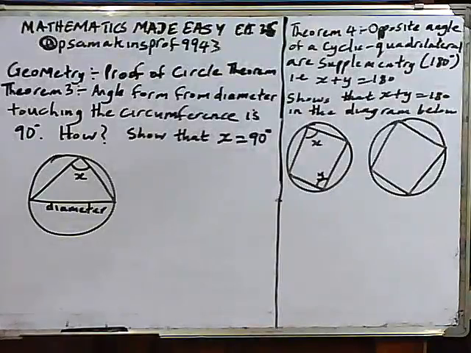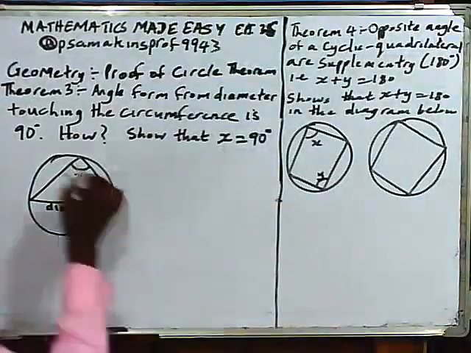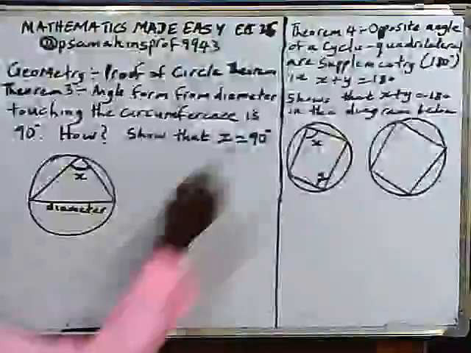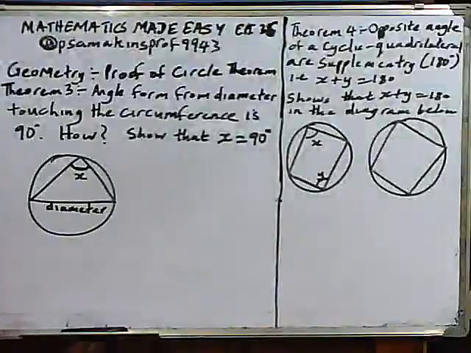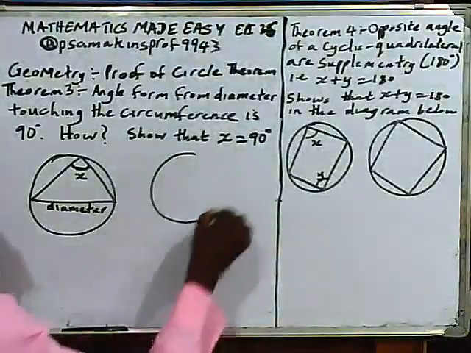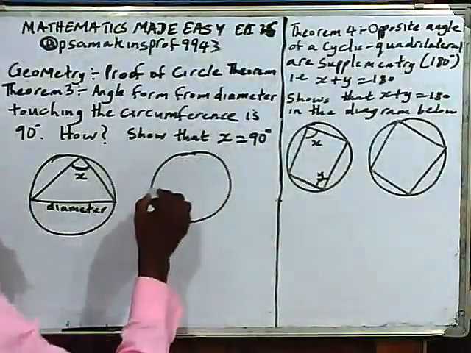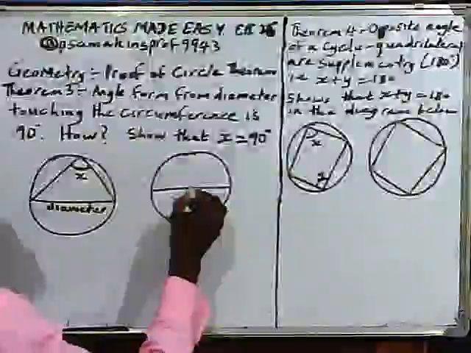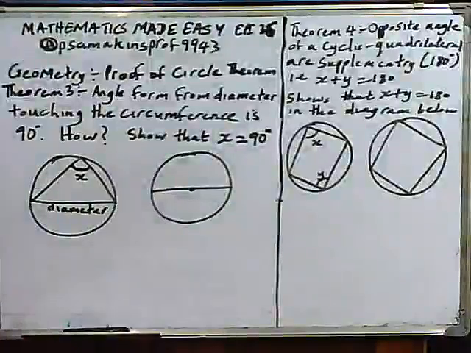We want to show that x, the angle touching the circumference, is always 90 degrees. Let's have this shape in this format, assuming that this is the diameter and this is the center of this circle.